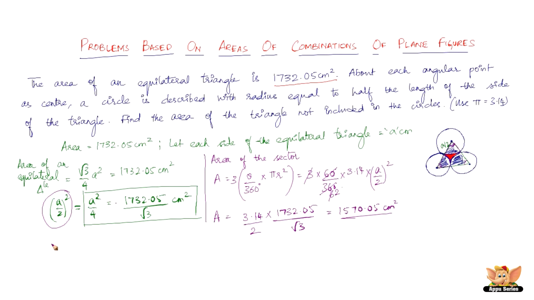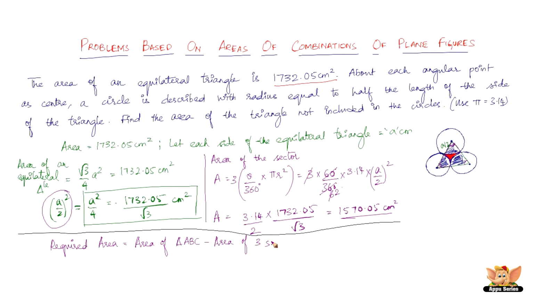So the required area is given by required area equals area of triangle ABC minus area of 3 sectors here, right?